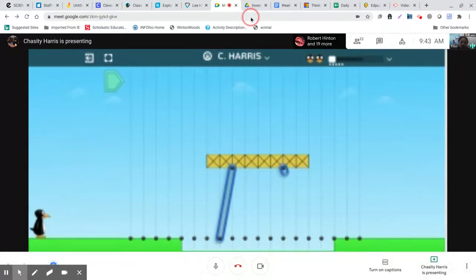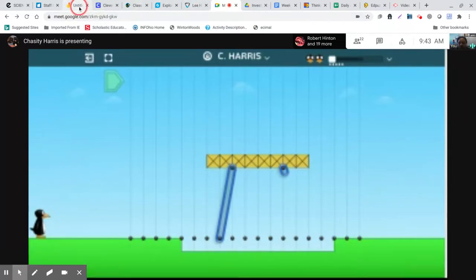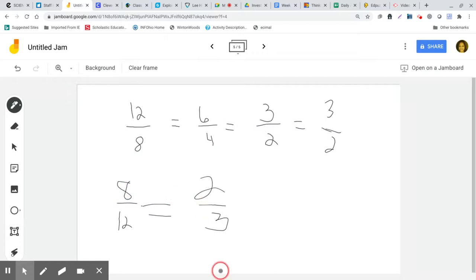Okay, so let's see. Our ratio is a 2 to 3 ratio. So how do I get from 2 to 6? What would I have to scale up by? 2 times what equals 6? Oh, 3. So I'm scaling up by a factor of 3.